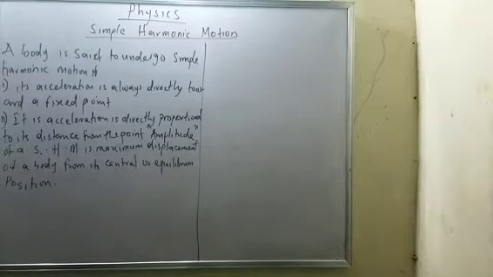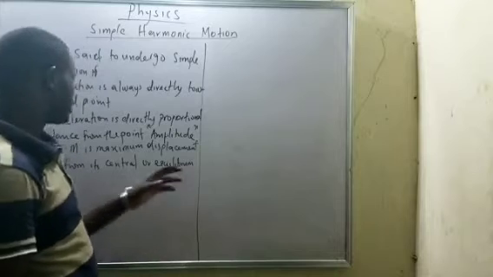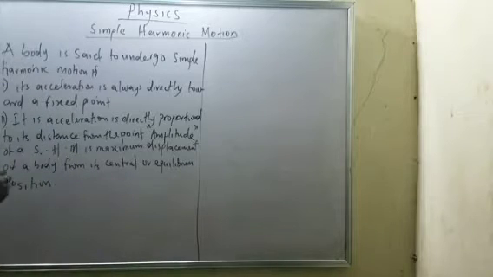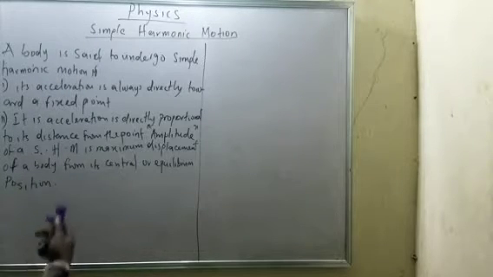Amplitude of a simple harmonic motion is the maximum displacement of a body from its central or equilibrium position. That is what we are talking about on this part.